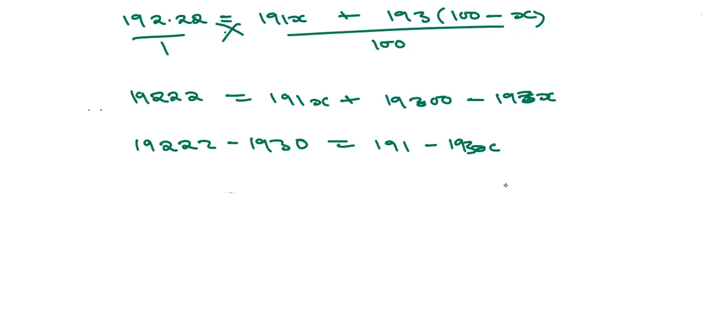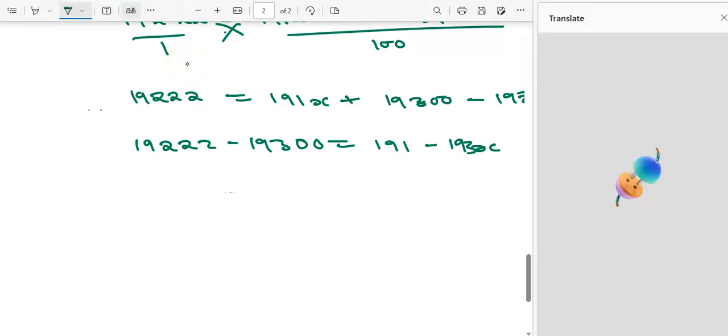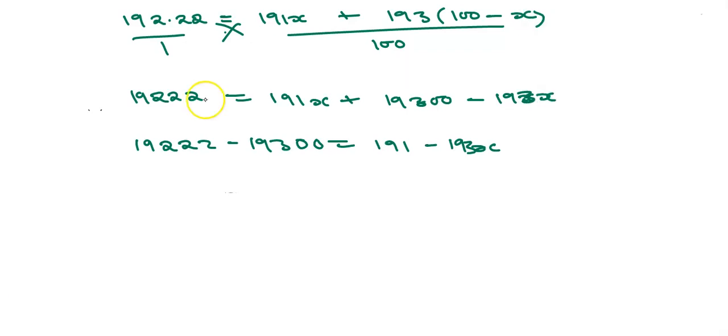This is how you go about it. When you punch this on the calculator, 19,222 minus 19,300 gives negative 77.8.